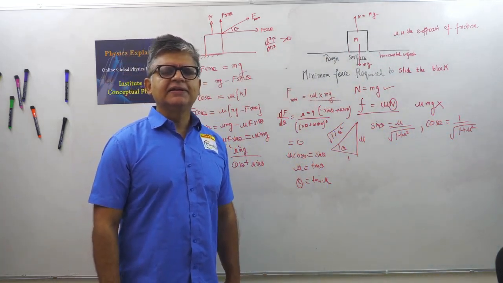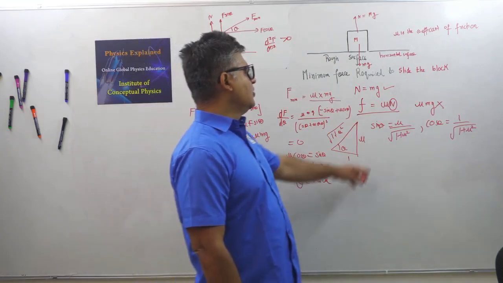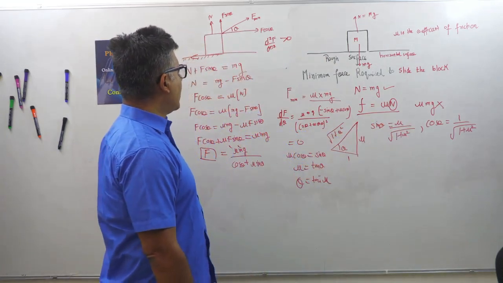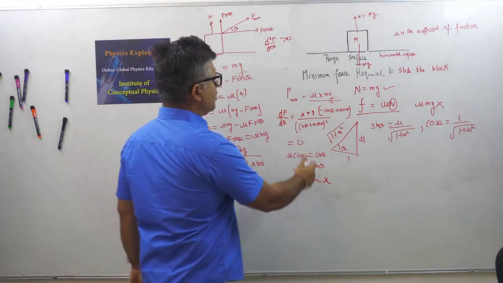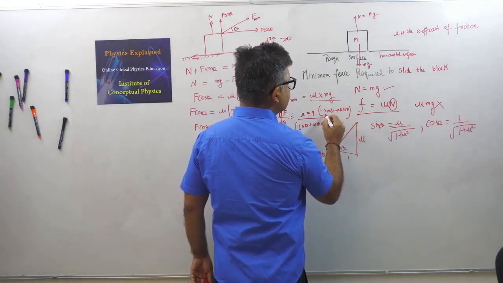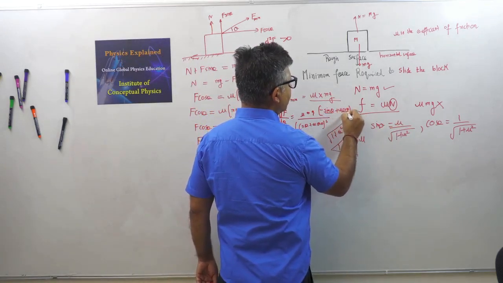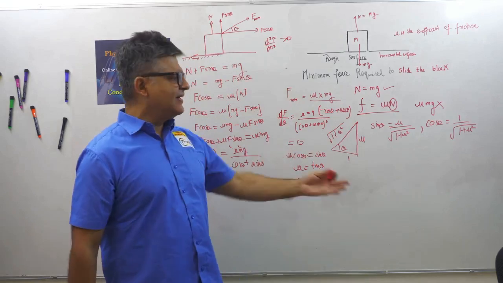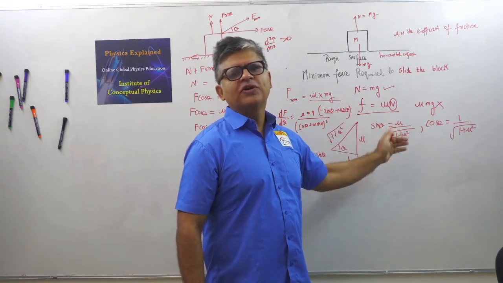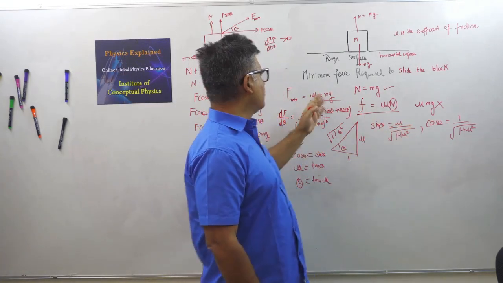So sine theta and cos theta are known to us. Now, what is the value we are supposed to put? Let me put the value of sine theta and cosine theta here. Finally, this is the theta for which force is minimum.